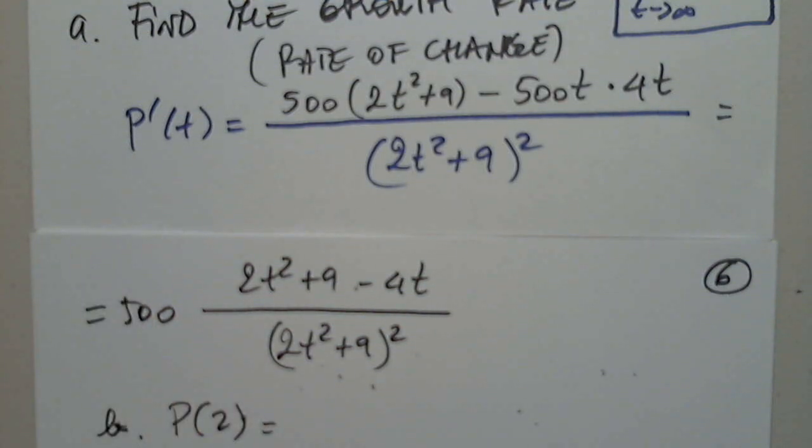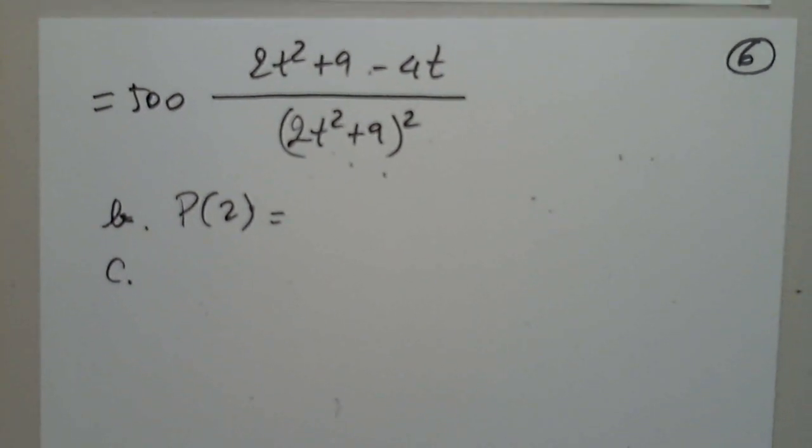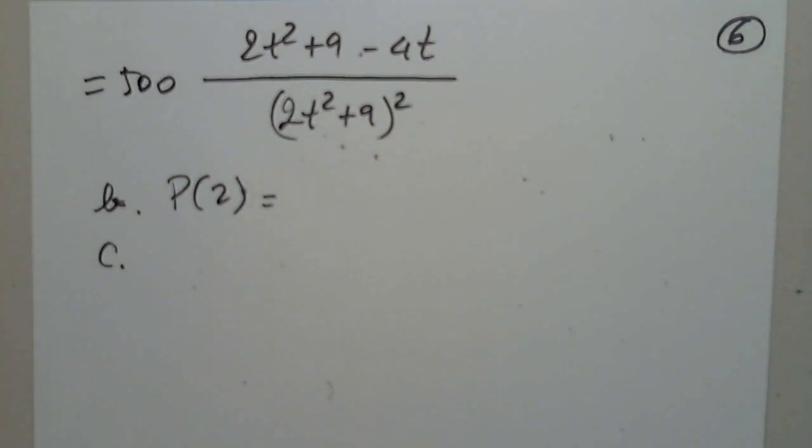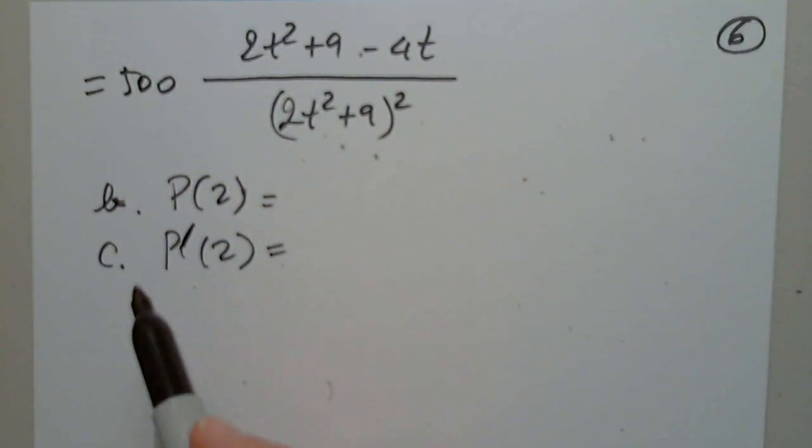They're asking us to find the growth rate at 2 years. So what do you think we're asked to find? P prime of 2? Of course, P prime of 2 is the growth rate at 2. Awesome. Yes, thank you. Excellent.